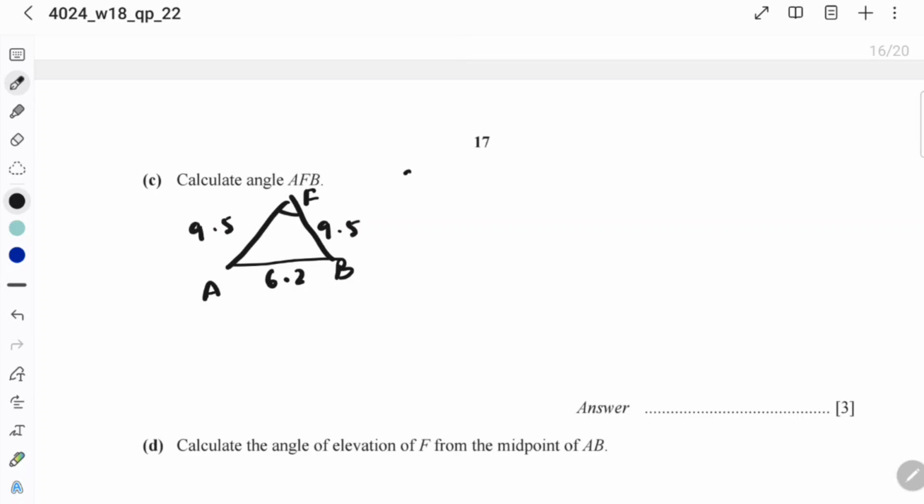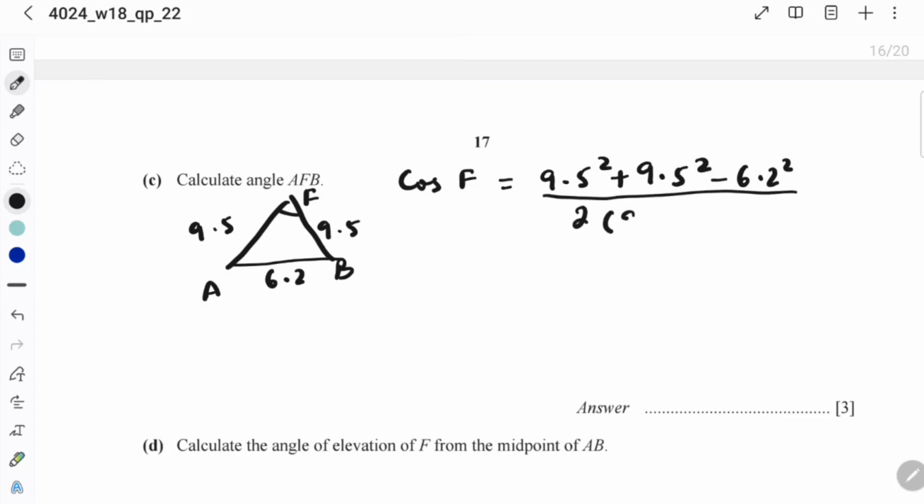If I'm just drawing it here, A, F and B, that is 6.2 and 9.5 and 9.5, and this angle is required. So cos of angle F is equal to 9.5 square plus 9.5 square minus 6.2 square, divided by 2 times 9.5 times 9.5. Calculate this and then afterwards take the inverse cos of it.